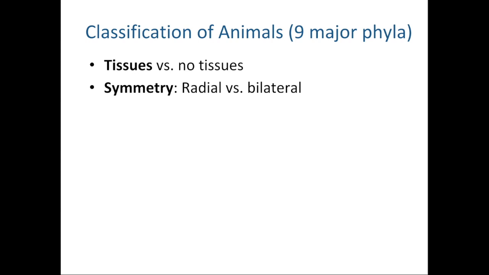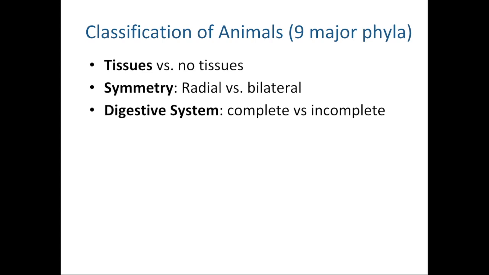So if you think of a human, if you cut us down the middle and look at the right side and the left side, we're basically mirror images of each other. So we would have bilateral symmetry. The other option is we could have some that have no symmetry at all.